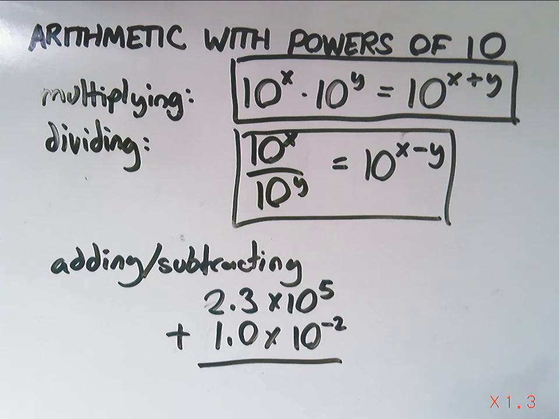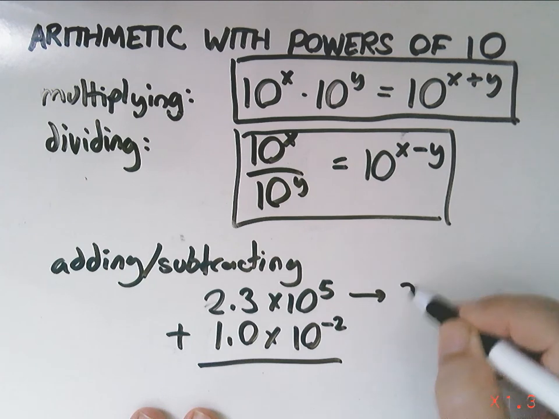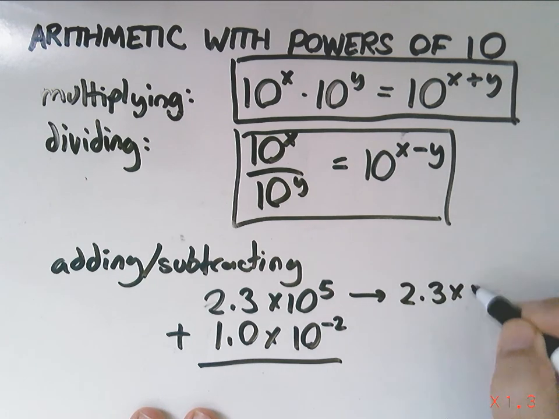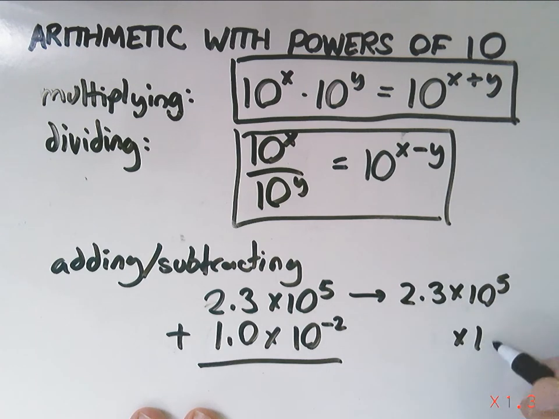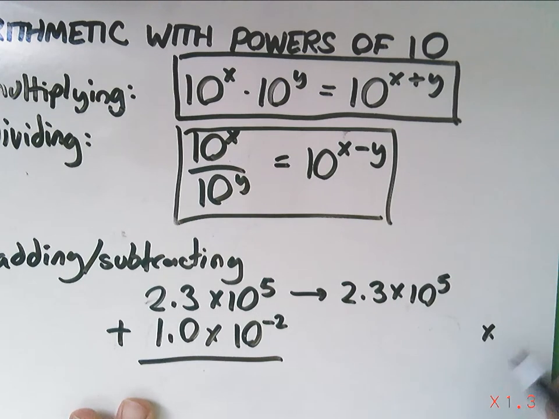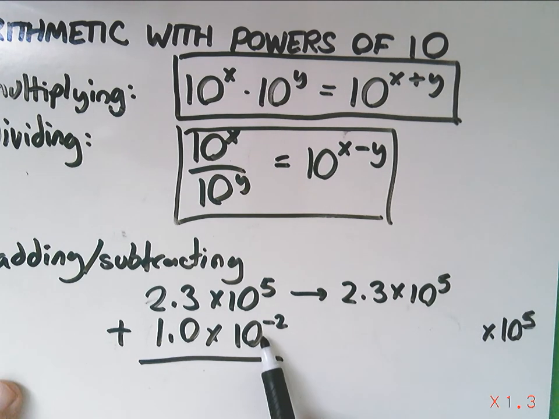Well, now let's get them both on the same power of 10 basis. Let's keep this one 2.3 times 10 to the 5. And I want this one to be something times 10 to the 5. Now I've made the power 10 much bigger, so I'm going to have to make this one much smaller. So maybe I'm going to want to move this over a little bit. How much bigger did I make this?